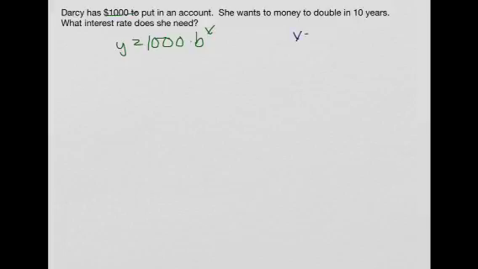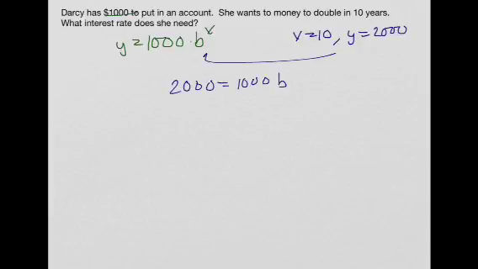So when x equals 10, y needs to equal 2,000. So we can just plug that into here. 2,000 equals 1,000, b to the 10th power. And now we just solve this. We'll divide by 1,000. And we'll get 2 equals b to the 10th power.